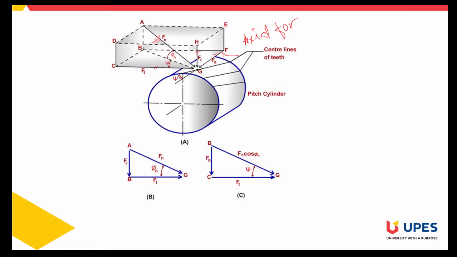In a nutshell, in the case of helical gears, because their teeth are inclined by an angle psi with the axis of rotation, the normal force at the contact point is Fn, and that normal force can be resolved into three components, and out of these three, one component is in the axial direction. So whenever two helical gears are meshing, there will be an axial force as a result of their meshing.